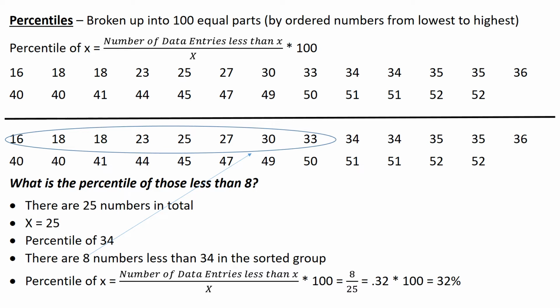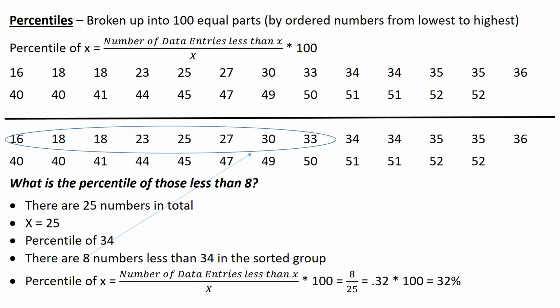What percent of this group of 25 unique data points, and again it's sorted, are less than 34? There are 25 points total. Anywhere from 16 to 33 are the unique numbers, and the first 8 are less than 34.